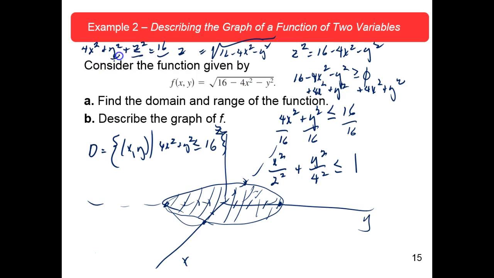And then divide by 16. That would give you x squared over 2 squared plus y squared over 4 squared plus z squared over 4 squared is equal to 1. We know what that is. That is an ellipsoid. So that's what I kept wanting to suggest it was.